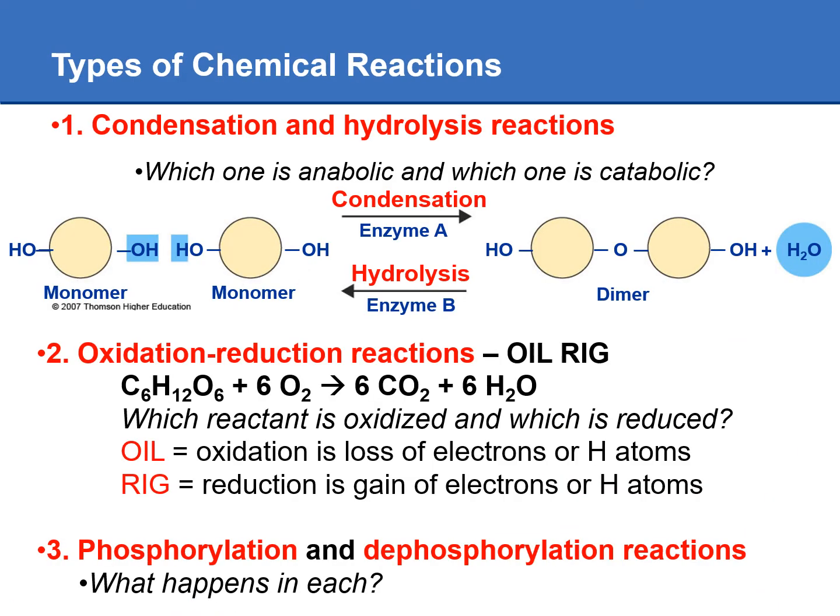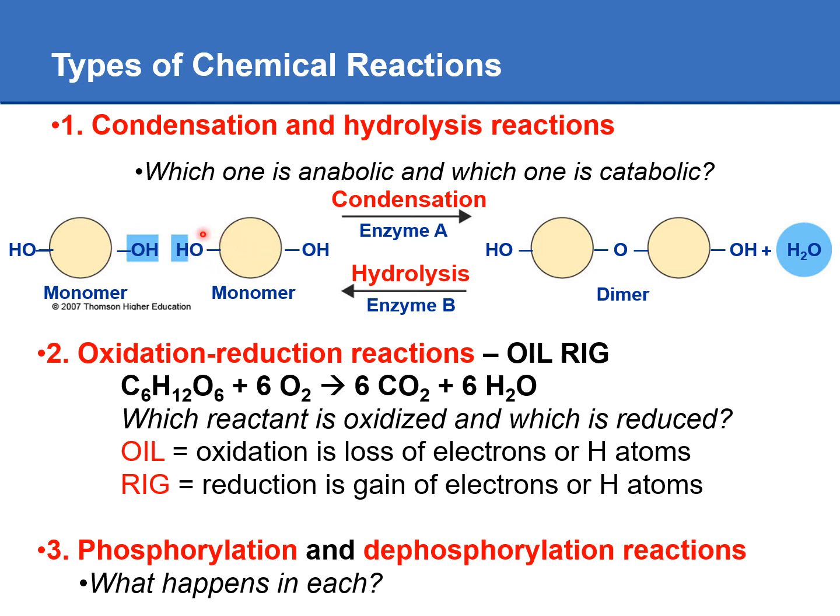Okay, we've got a couple of different types of chemical reactions just to remind yourself of. We've got condensation and hydrolysis reactions. They're the opposite of each other. If we start over here on the left and go over here to the right, you can see we've got 2 monomers, 2 little subunits.